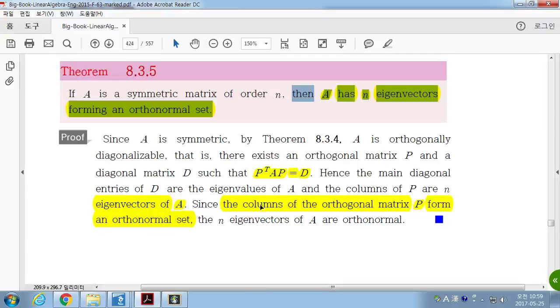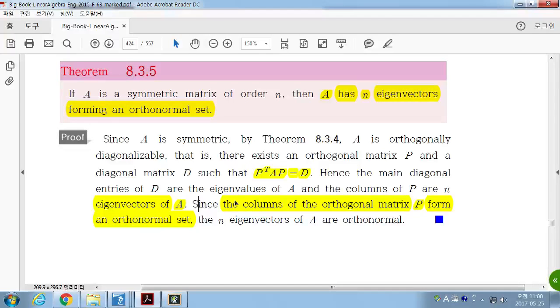If it's symmetric, then it is orthogonally diagonalizable like this. P transpose AP is equal to D. And this P is what? Orthogonal matrix. So columns of an orthogonal matrix are all orthonormal vectors. And if it satisfies this, then AP is equal to PD, which means column vectors of P are eigenvectors. So you have eigenvectors which are also normal vectors.